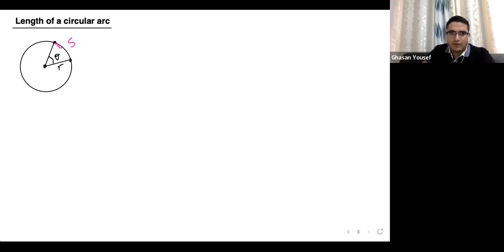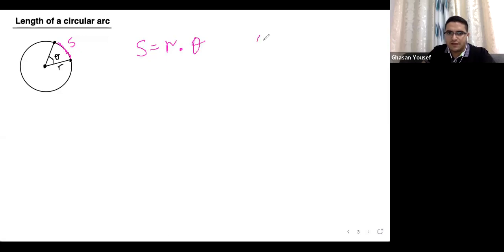So here we have a formula for S by using the radius and using theta. S equals r times theta.